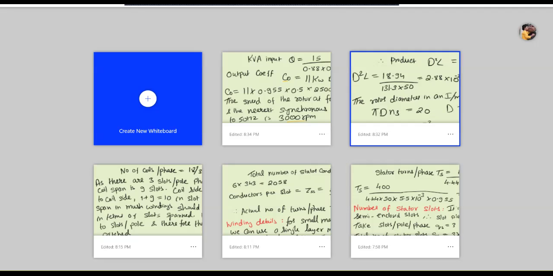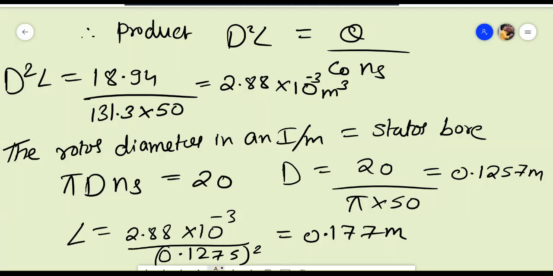And then we got our product d square L, which is actually given by Q divided by C naught, that's the output coefficient, times ns, the speed. So we got d square L equal to 18.94 divided by 131.3 times 50, that is equal to 2.88 into 10 to the power minus 3 meter cube. And the rotor diameter in an induction motor is equal to the stator bore.